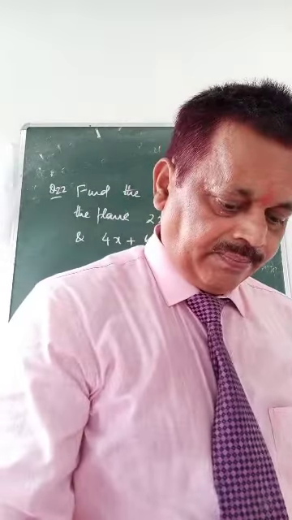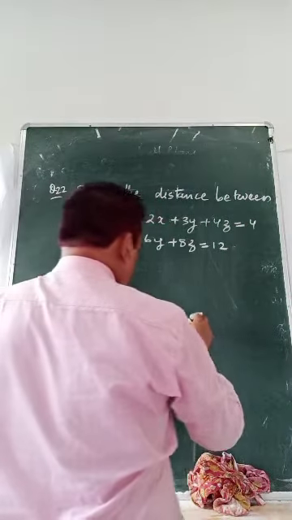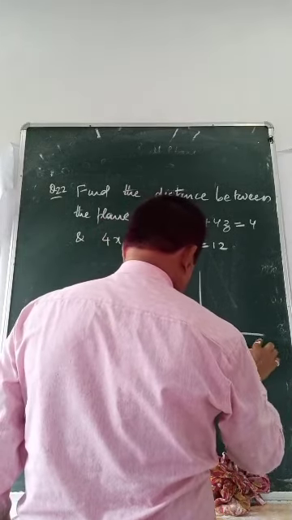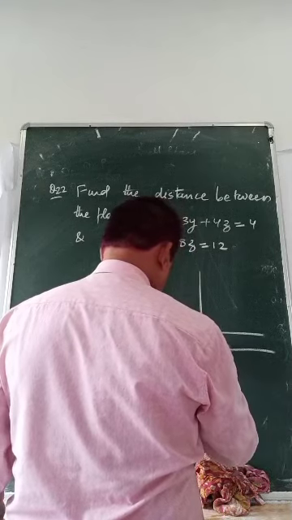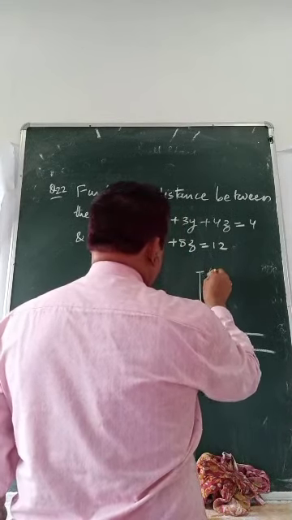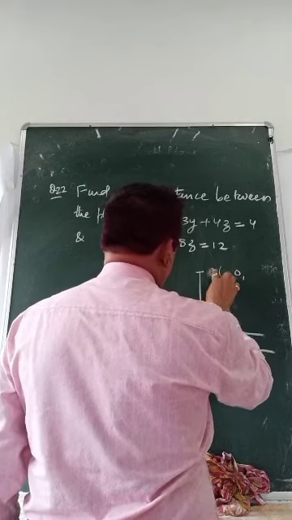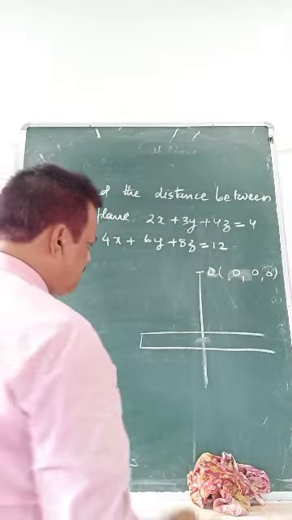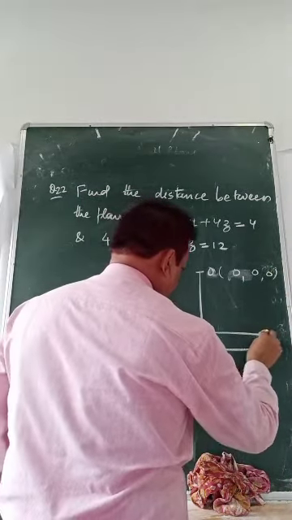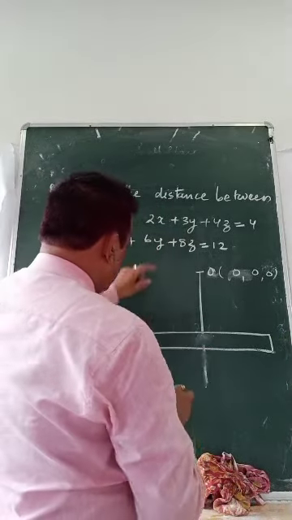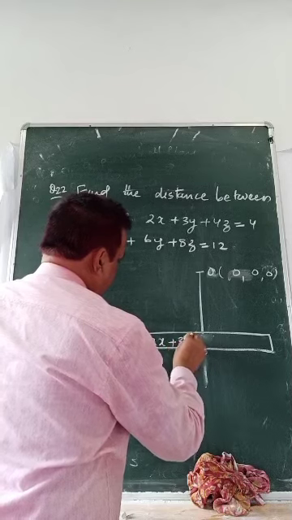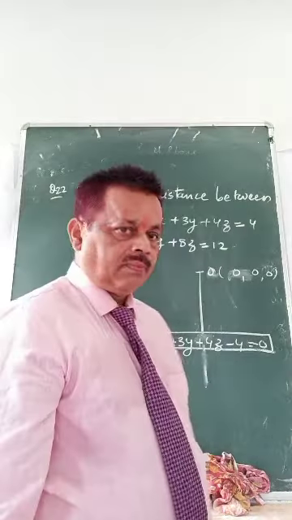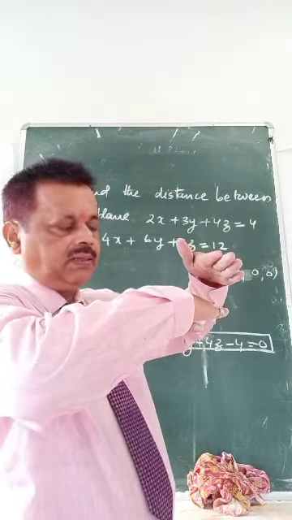So what I can do is, look here. Suppose this is the origin, O is the point. This plane is 2x + 3y + 4z - 4 = 0.